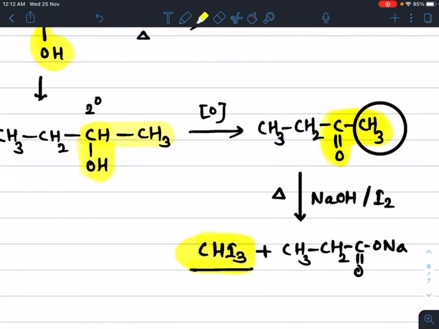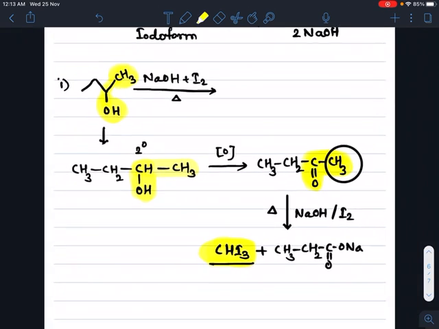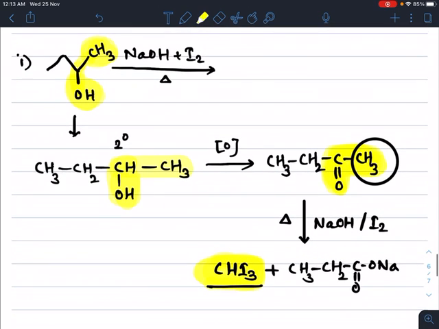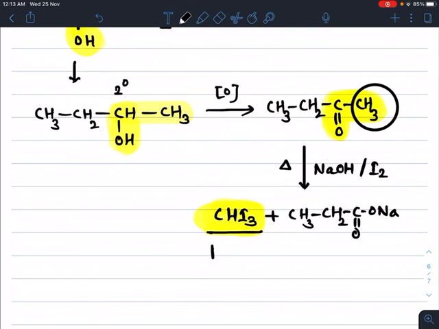So when a secondary alcohol undergoes oxidation, it gives a ketone which contains the CH3CO group, and this CH3 group is finally converted into CHI3. 3 hydrogens are replaced by 3 iodines, and we get the iodoform. So the haloform test is only shown by the aldehyde or ketone which contains the CH3CO group.